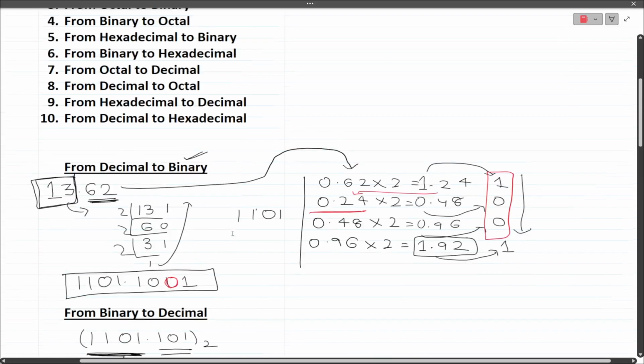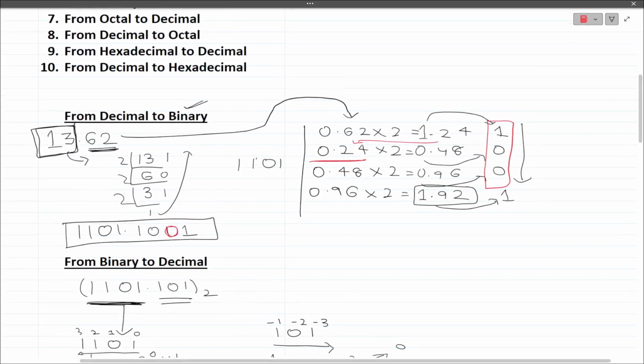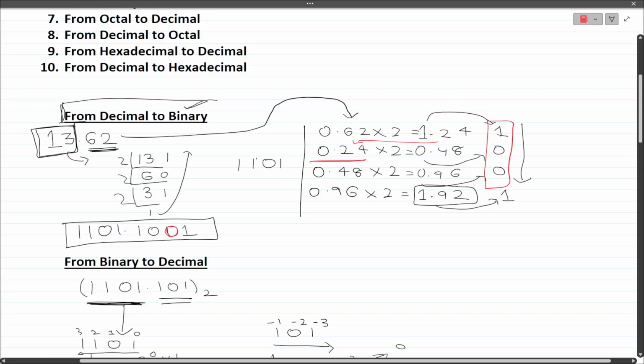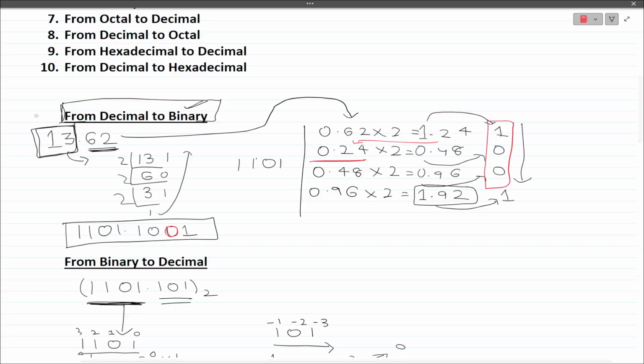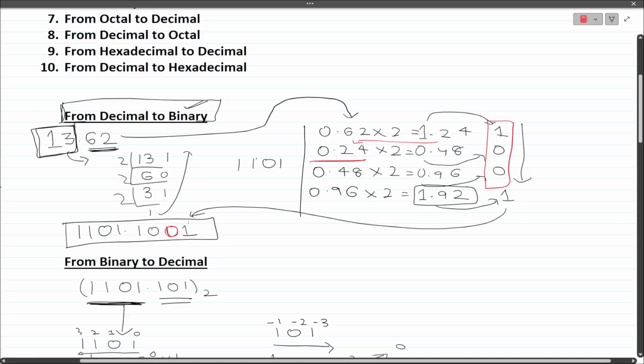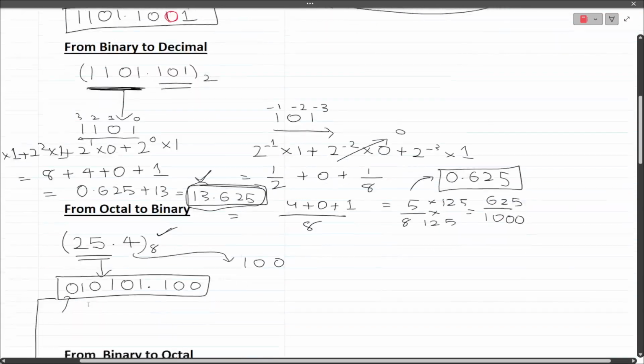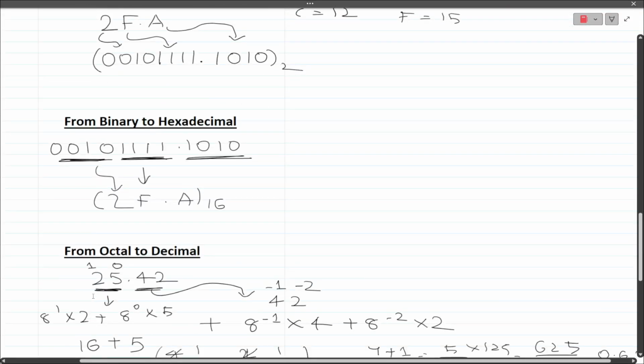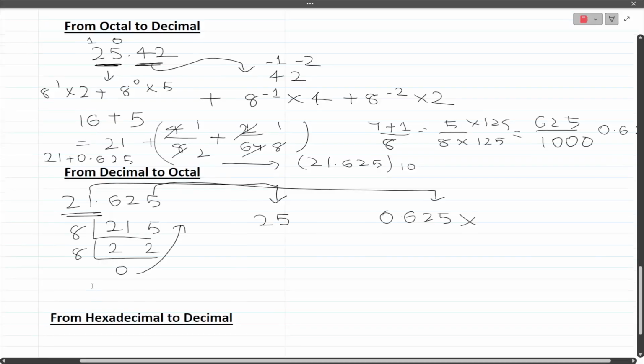Could you remember this particular process? I used to multiply it with 2, right? And I used to keep the non-decimal part that was included in my original number. So don't you think I will be following a similar process to do this particular thing? So here I will be doing the similar thing.